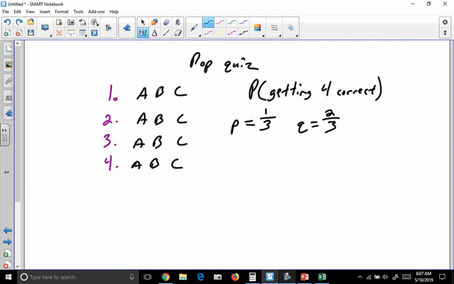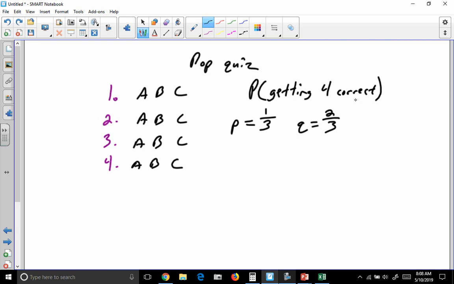Even though the questions are different, if we are simply guessing, that doesn't matter. We have a 1 in 3 chance of getting the first one right and a 1 in 3 chance of getting the second one right. So in terms of how likely it is that we get the question right, they are identical.